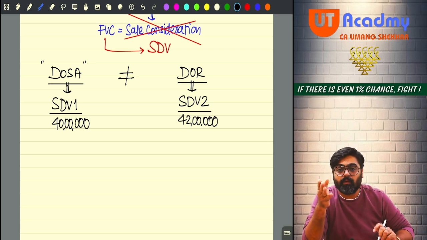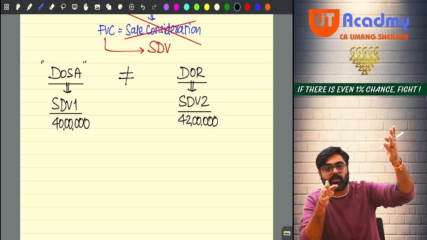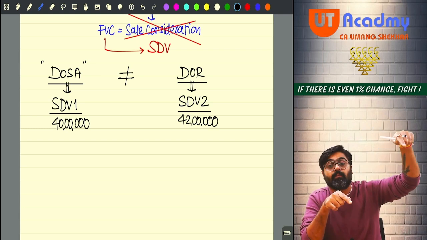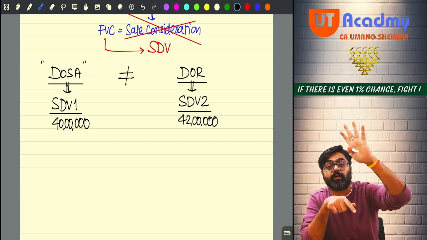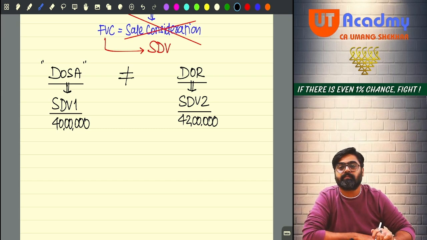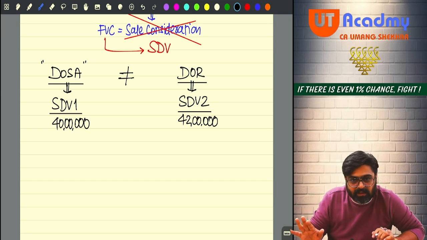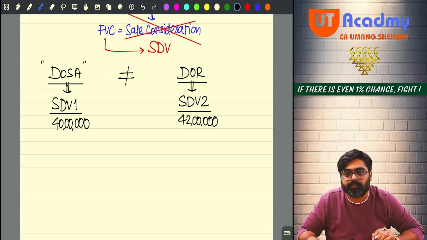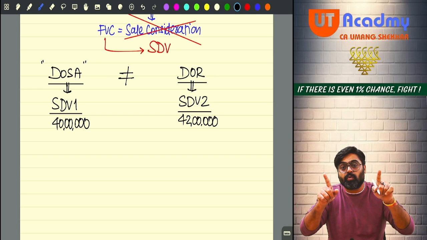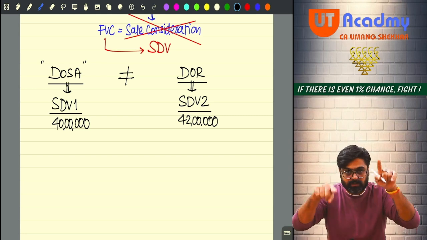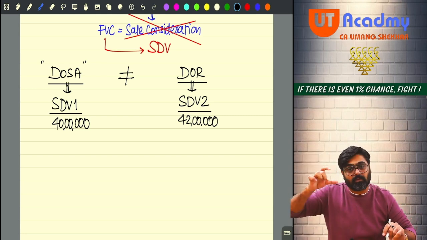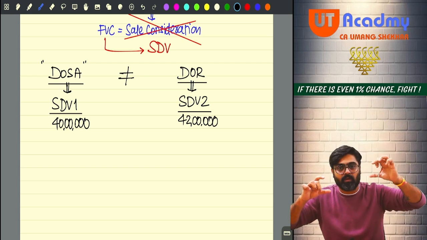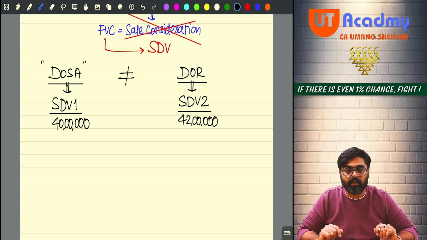See, when you go for the registration, at the time of registration the stamp duty will be charged on 42 lakhs. But today when the sale agreement is entered, the stamp duty value was 40 lakhs for the same property. Now I have two stamp duty values: one as on the date of sale agreement, one as on the date of registration.